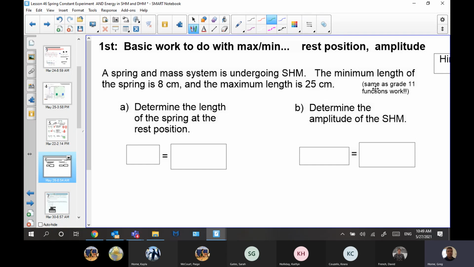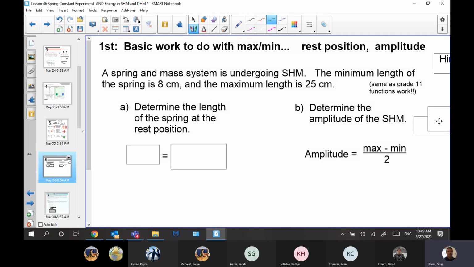If you're trying to get the amplitude of a sine curve or the axis of symmetry of a sine curve, to figure out the vertical shift and so on, it's the same as this, right? So if we're trying to figure out the amplitude, you want to figure out the difference between these two lengths, and half of that is your amplitude, same as finding the amplitude of a sine curve.